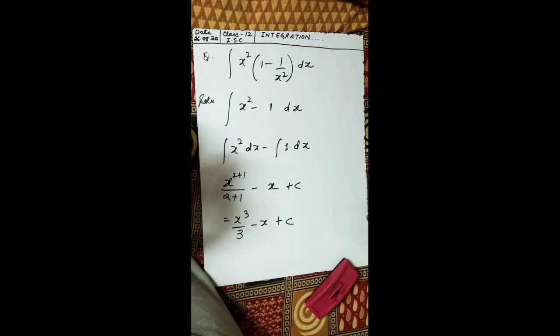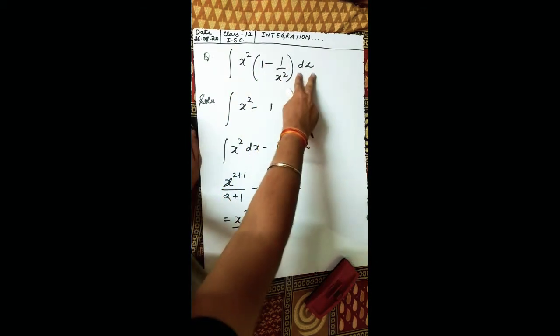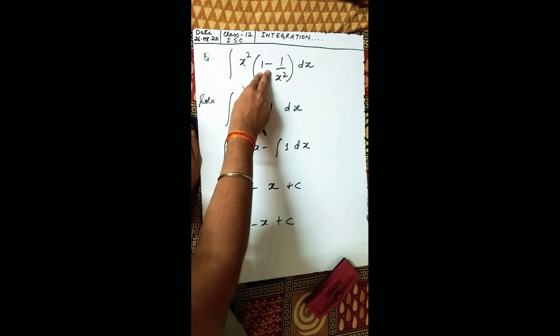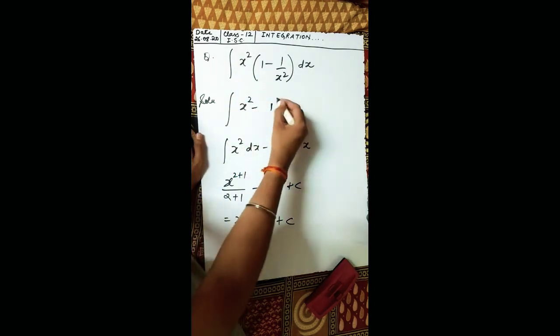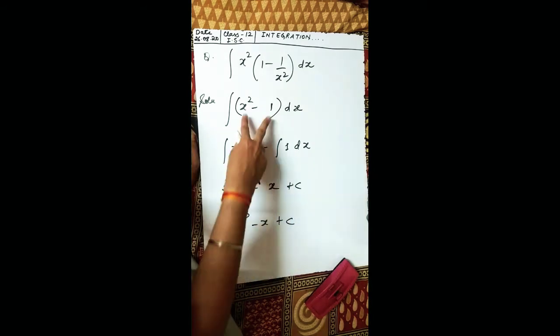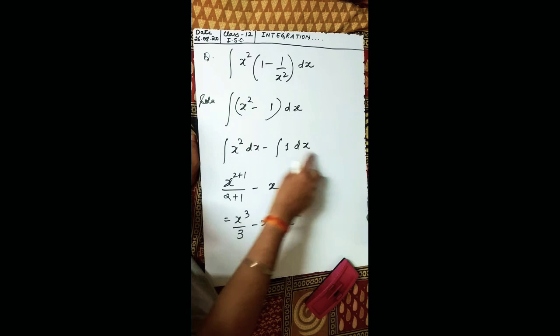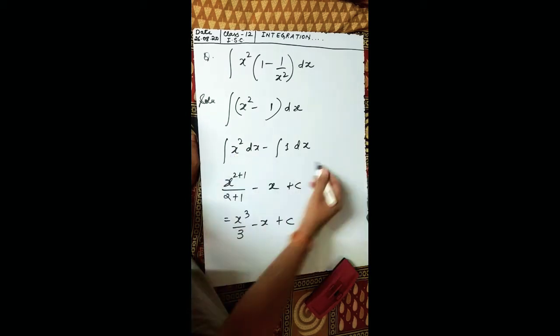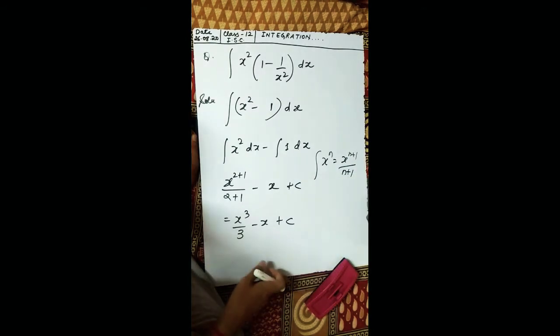Let us take this question. It says the integral of x times (1 minus 1 upon x square) dx. Multiply the x inside, so we get x square minus 1 dx. Then we can use the property: integral of x square dx minus integral of 1 dx. By the identity, x to the power n gives x to the power n plus 1 upon n plus 1.